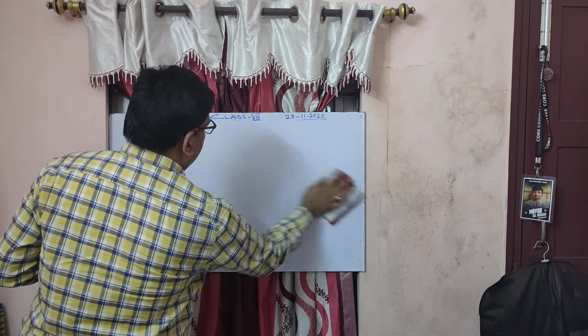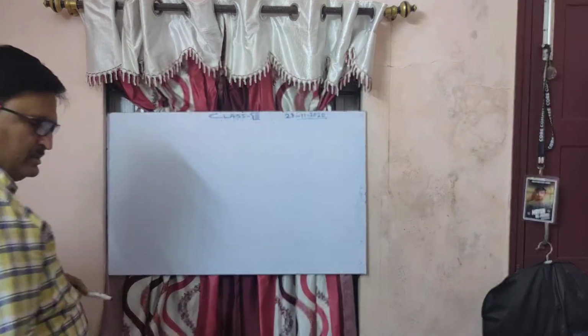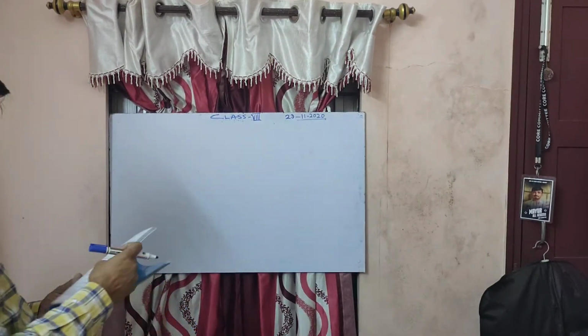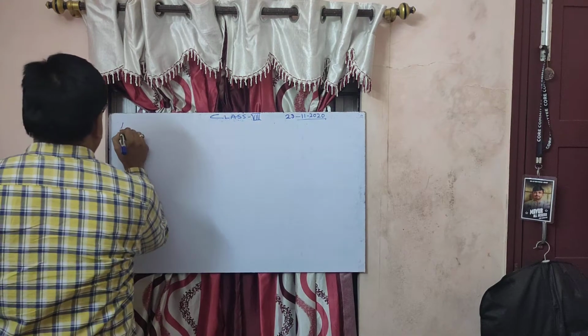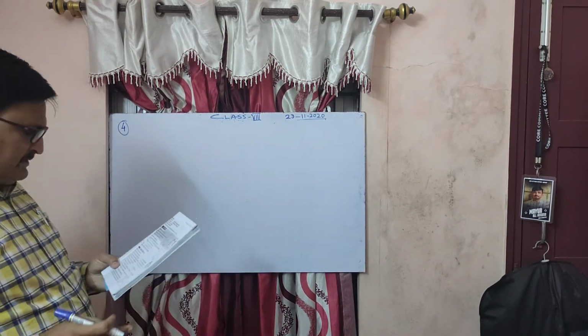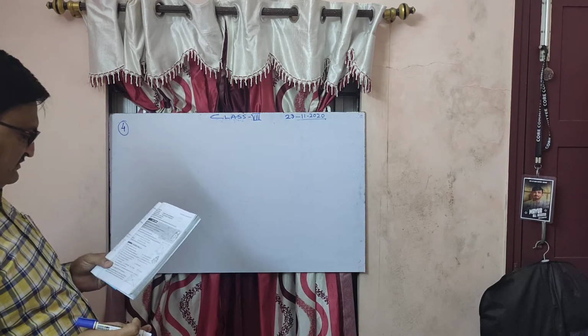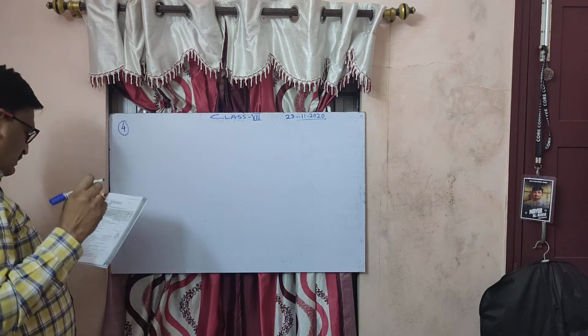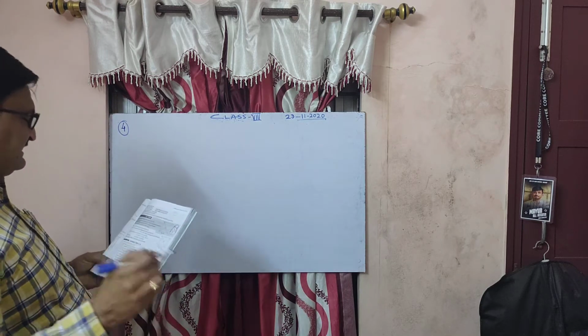Question number 4. What is question number 4 now? Name the quadrilaterals whose diagonals bisect each other.